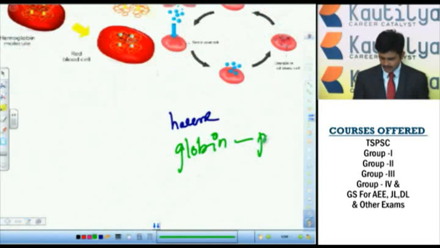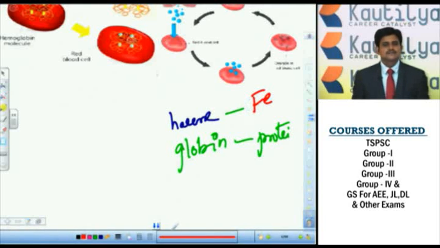Globin is the protein part, whereas heme consists of iron. So hemoglobin is a combination of iron and protein. Due to the presence of hemoglobin, RBC are red in color, and hemoglobin helps in transportation of oxygen from one place to another.